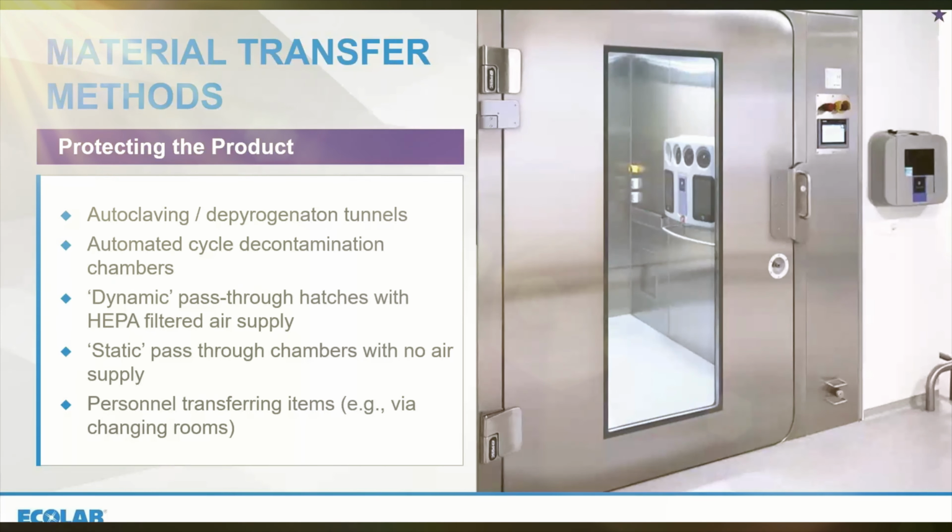Now, in terms of transferring items into clean rooms, there are a number of different routes by which this can happen. So we could talk about a sort of hierarchy of contamination control. The optimal way is by use of an autoclave, or where we have particular concerns around endotoxin with glassware, for example, then a depyrogenation tunnel that would be running at around 300 degrees Celsius.